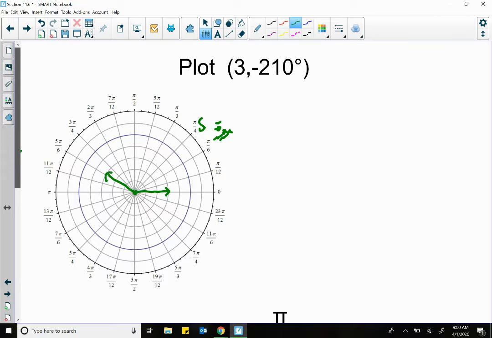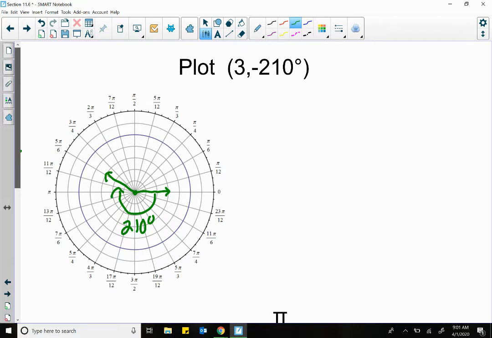Now we're writing. So it should look like that. Okay, this guy is a negative 7.6. So that's our angle. Because again, this angle rotated that direction 210 degrees. So that would be the picture you're looking for.